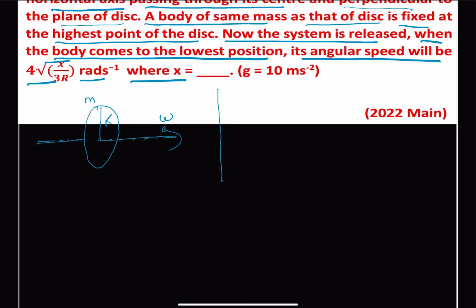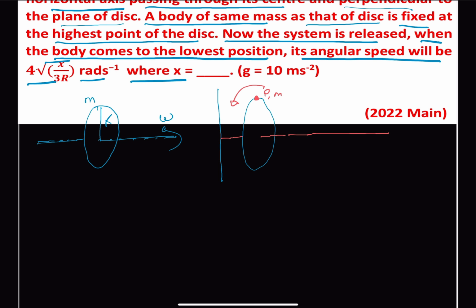Now in the second case, we are given that the same mass is fixed at the highest point of the disc. So we have a mass which is fixed at the highest point of the disc, and this disc is free to rotate in this direction. When the system is released, let us call this point mass point P, and its mass is also small m, and after rotation this point becomes the lowest end.